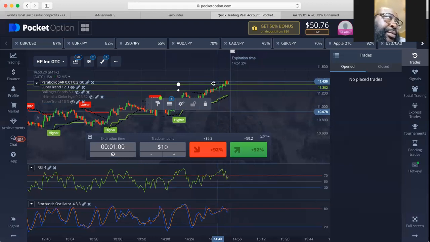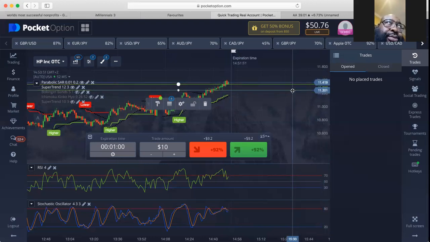And that line cuts through price at 11,306. So price respected 11,306 9 times. That means history repeated itself 9 times, right? So that makes 306 a heavy area of support.